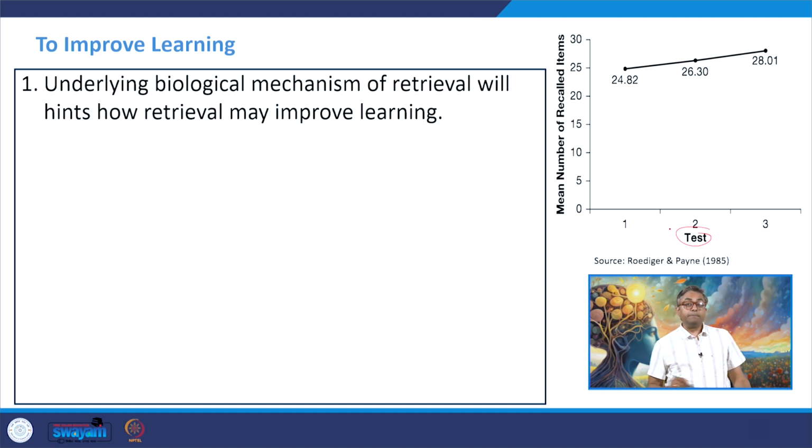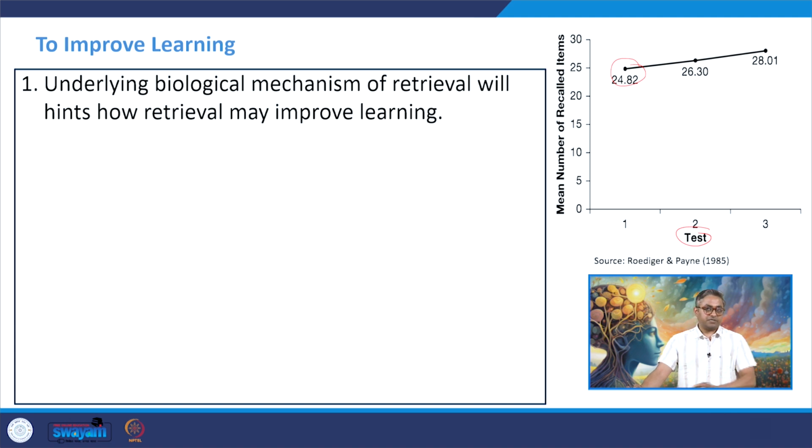You can see that when the first test was performed, the number of items recalled was 24.8. As the tests increase, the number of recalled items also increases.